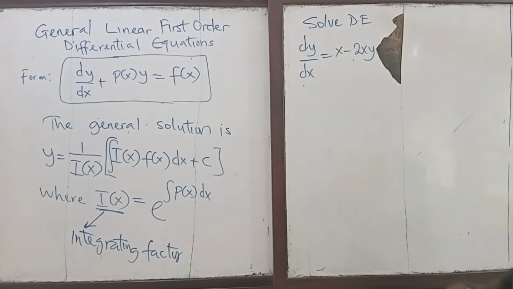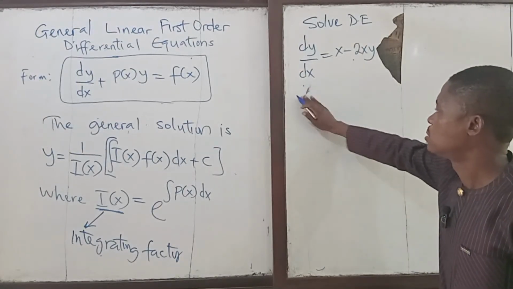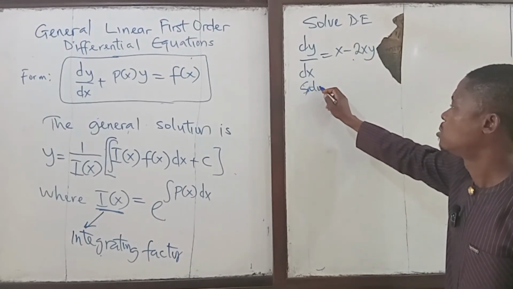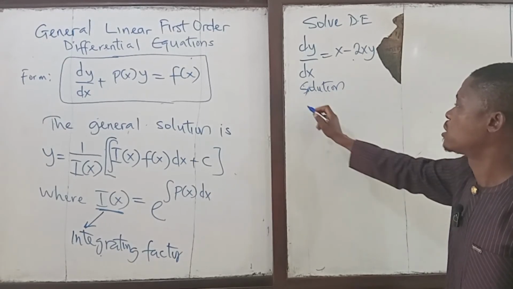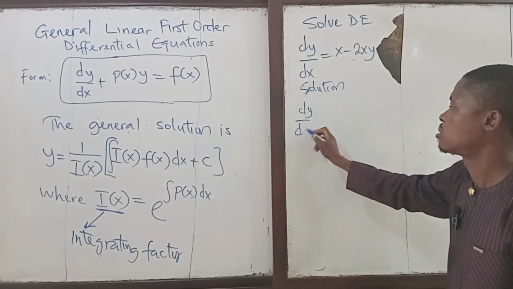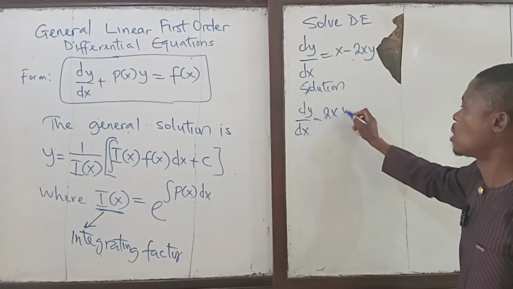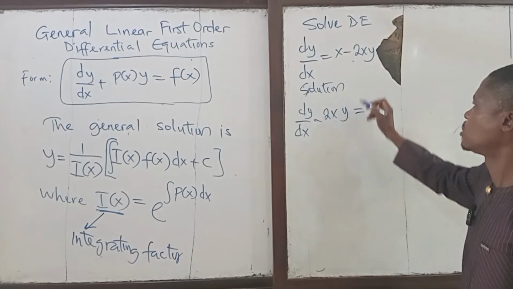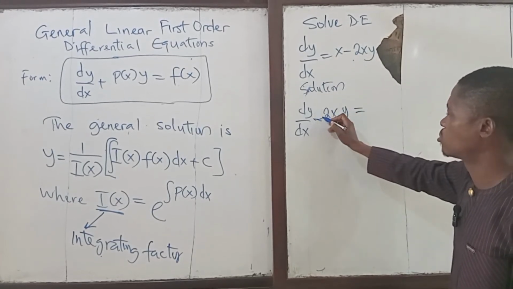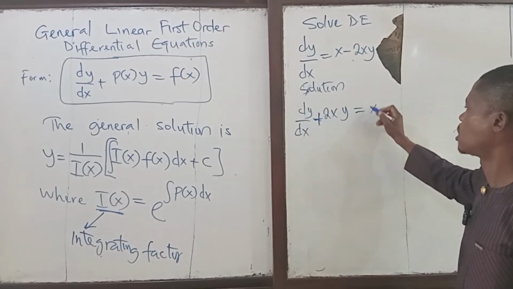That will be dy dx. Move this one to the other side. That will be dy dx plus 2xy equals x. If you move the minus 2xy, it becomes plus.